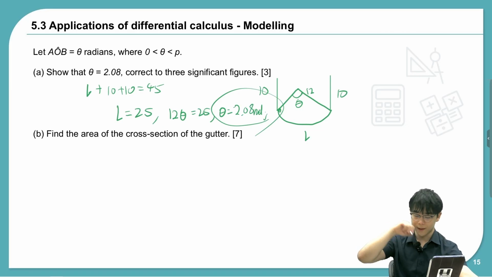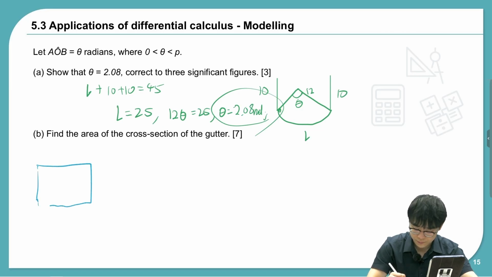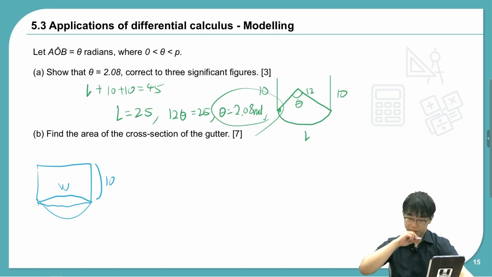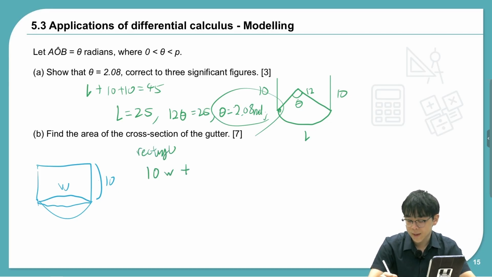Let's now do part B. Find the cross-sectional area of this gutter. Recall from earlier that we have this rectangle where we have the width W, the height of this rectangle, which is 10, and then we have this circular part. So we could add the rectangle, which would be 10W, and then add this chord-like part.